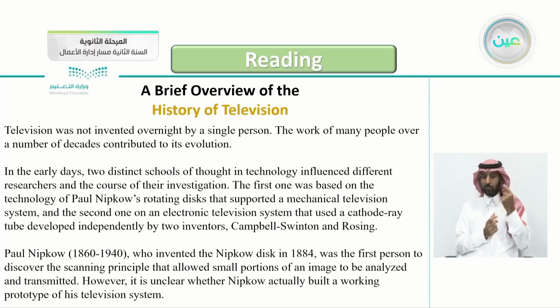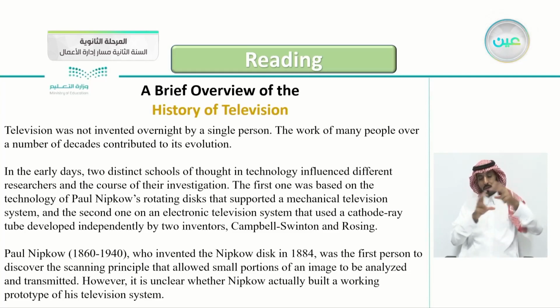Television was not invented overnight by a single person. The work of many people over a number of decades contributed to its evolution. In the early days, two distinct schools of thought in technology influenced different researchers and the course of their investigation. The first one was based on the technology of Paul Nipkow's rotating discs that supported a mechanical television system, and the second one on an electronic television system that used a cathode ray tube developed independently by two inventors, Campbell Swinton and Rosing.